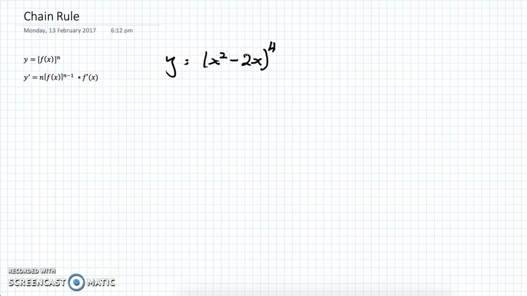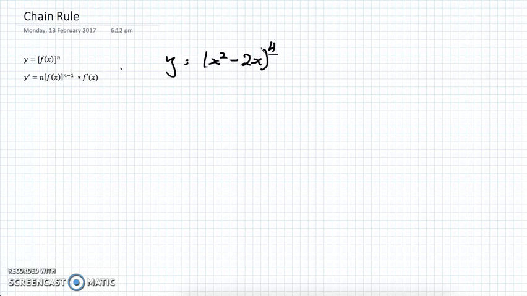As you can see, we've got this function here inside of a whole one. Now, we could go through, expand it all out, then find the derivatives of it, simplify it. That's just going to get long and tedious, and especially when we're dealing with these powers being much, much larger, it's just going to get unworkable.